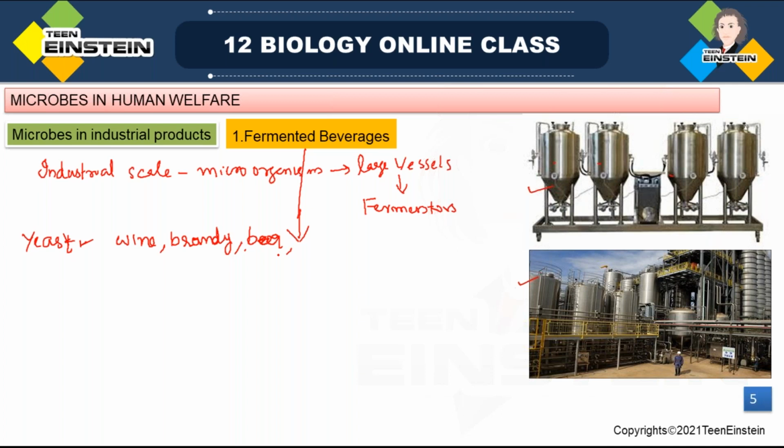Okay. So yeast is used for the production of beverages like brandy or rum or wine. Then beer, wine, brandy or rum and all. These things are produced with the help of yeast. That is the role of the microorganism yeast in the production.